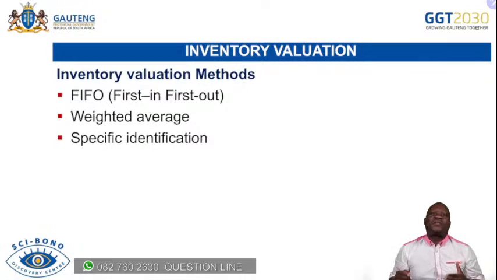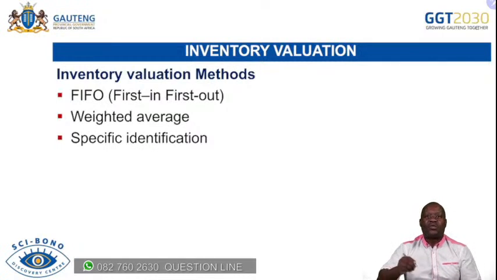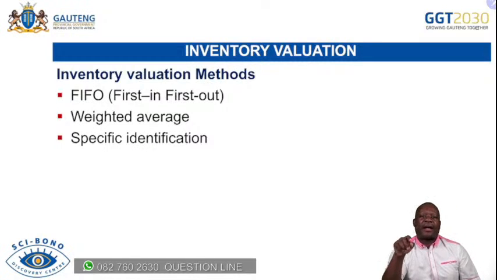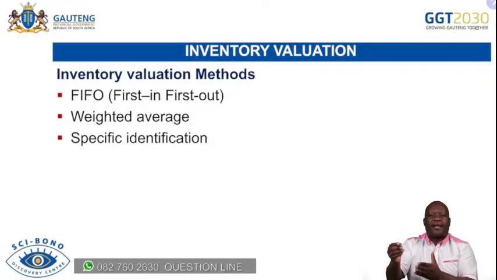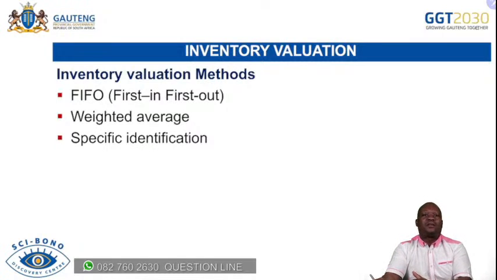This method works on the assumption that whatever was bought into the business first is also going to be sold first. What does that mean? It means whatever stock items are still there are coming from the most recent batch. So our closing stock is going to be made up of the most recent prices of stock.